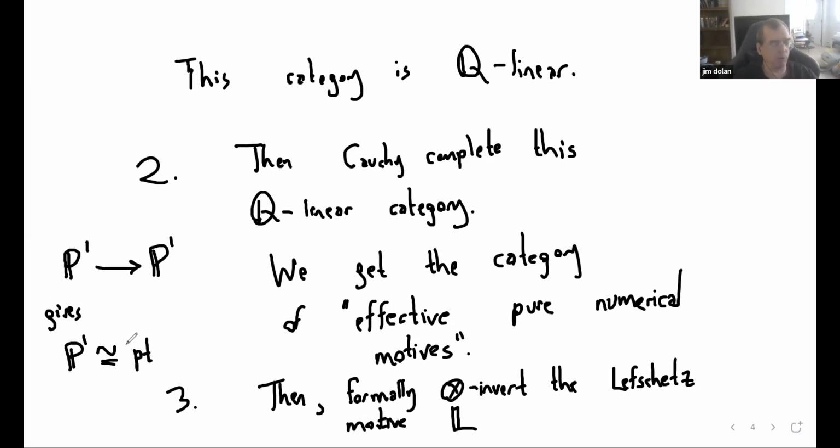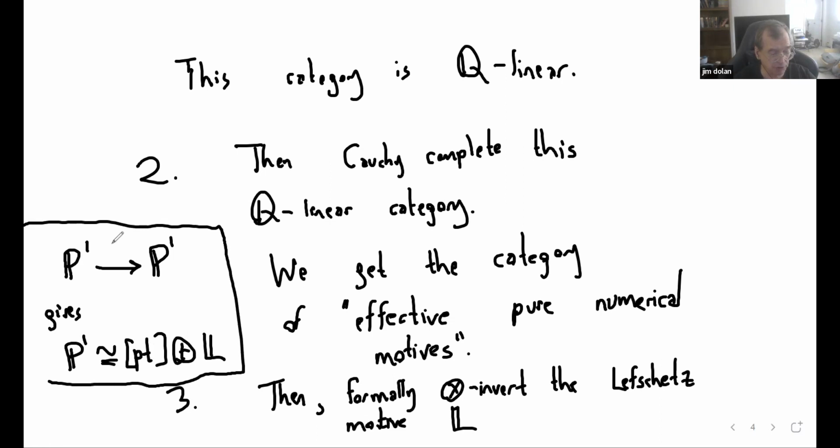Well, okay, but one of the things that I need to clarify is, when you say tensor invert the Lefschetz motive, if you want to do that in an optimal-ish way, you should really try to clarify what is this process that you're really doing.